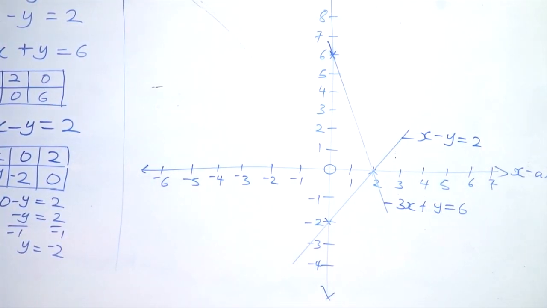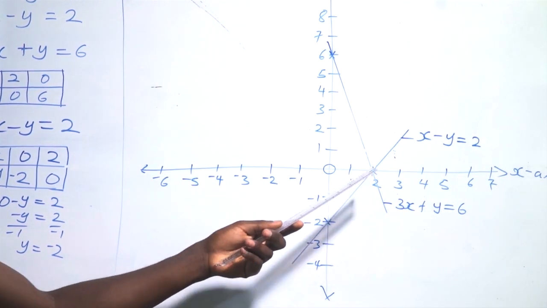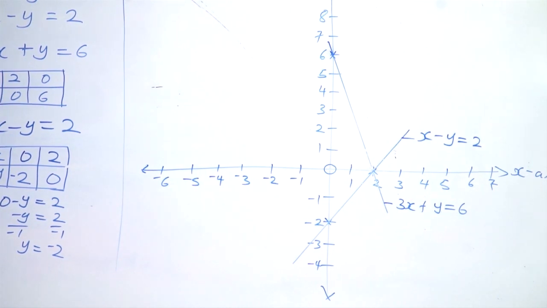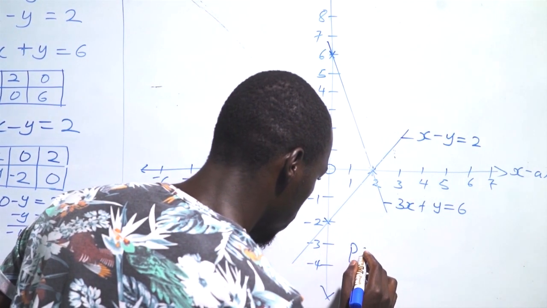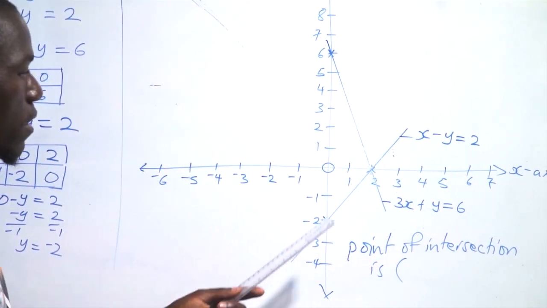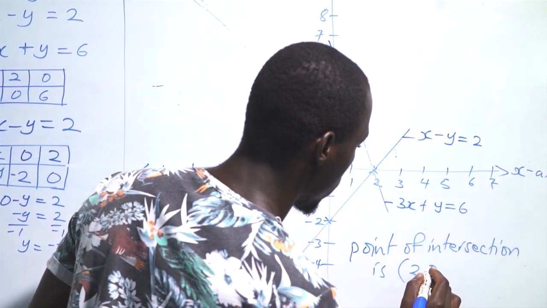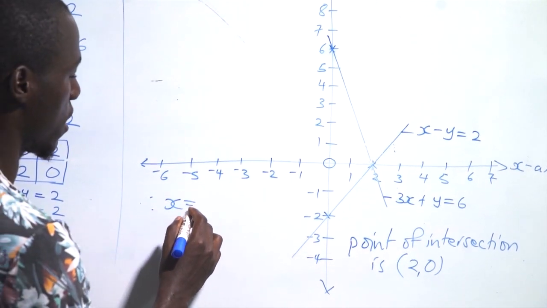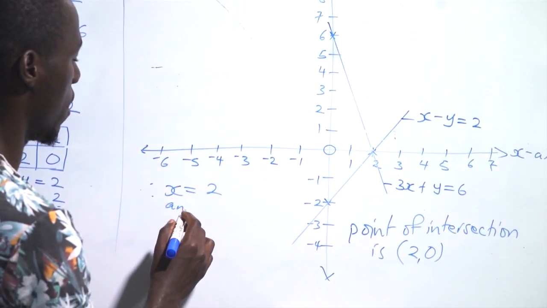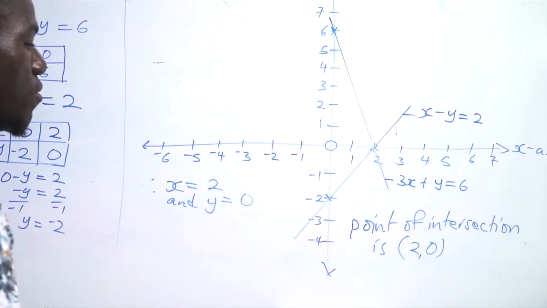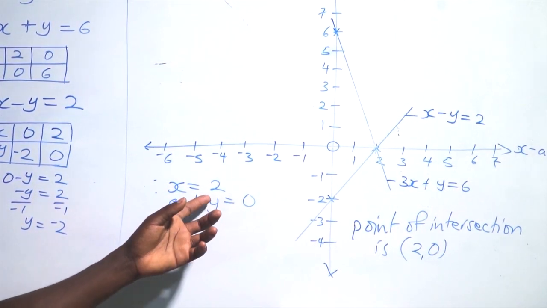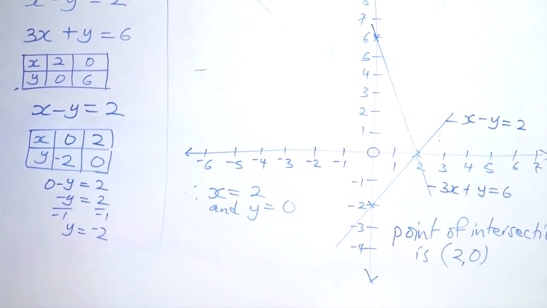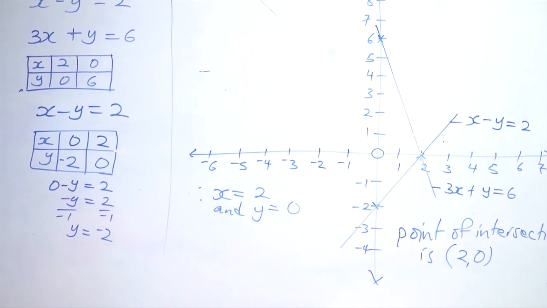So here the answer is going to be the point of intersection of those 2 lines. The point of intersection is x is 2 and y is 0. Therefore, we conclude that the x value is 2 and the y value is 0. Those are the solutions to the simultaneous equations using the graphical method.